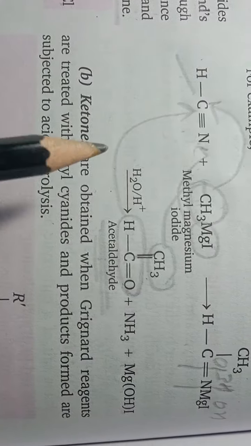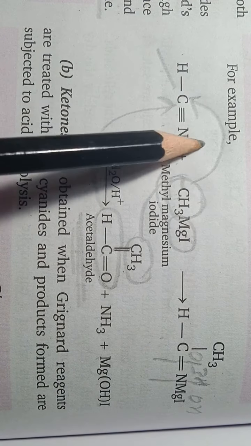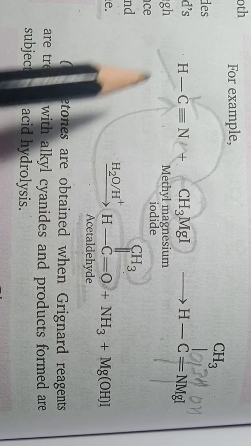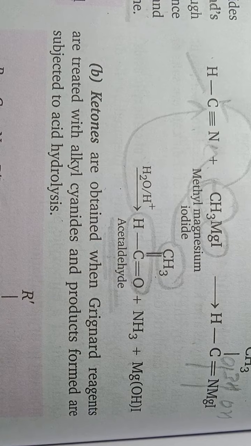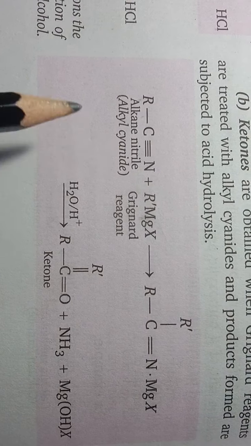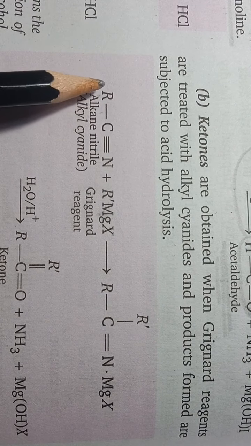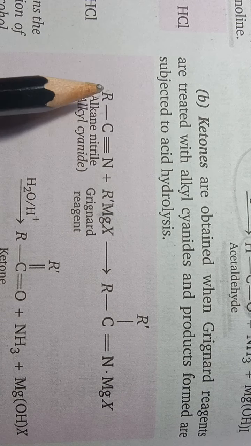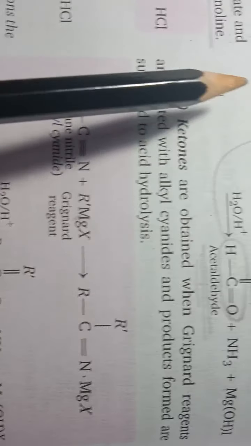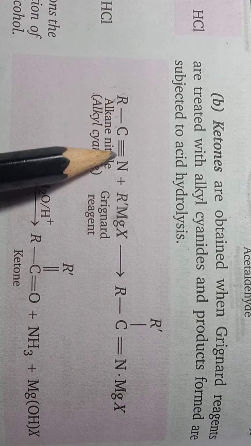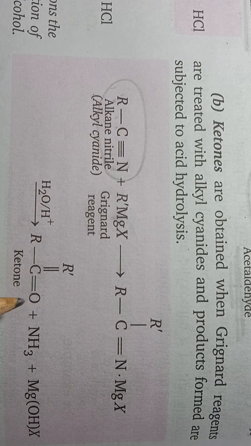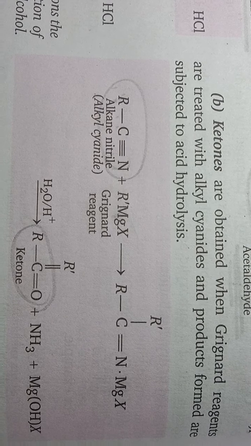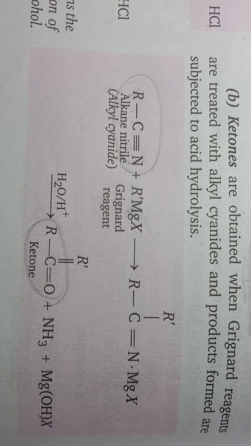So why we taken HCN here? Because this HCN is converted in the form of HCO, but here we do not require H at this position, so that is why we replace this H with R, and this RCN is converted in the form of RCO here.